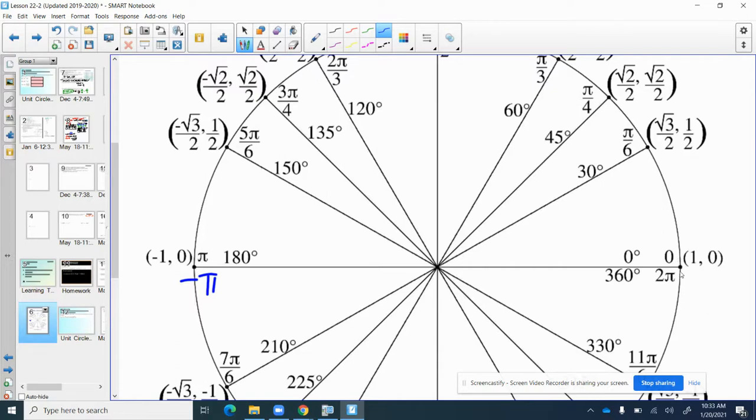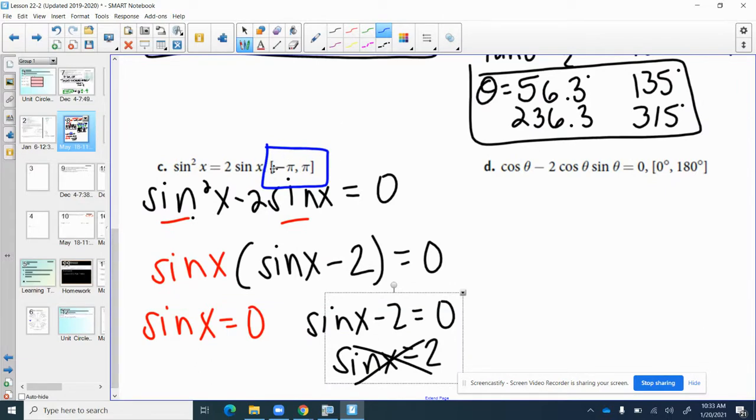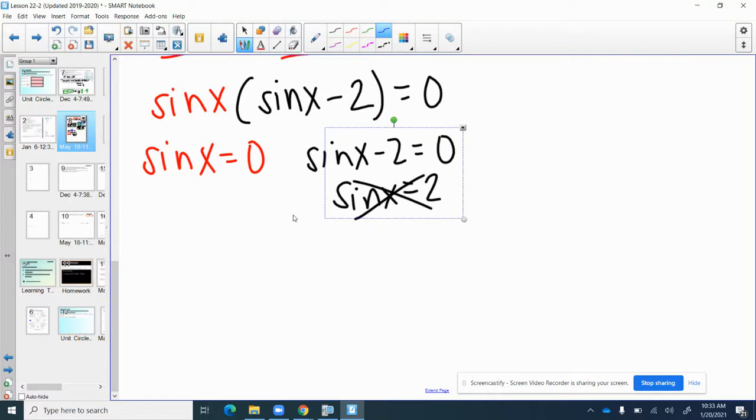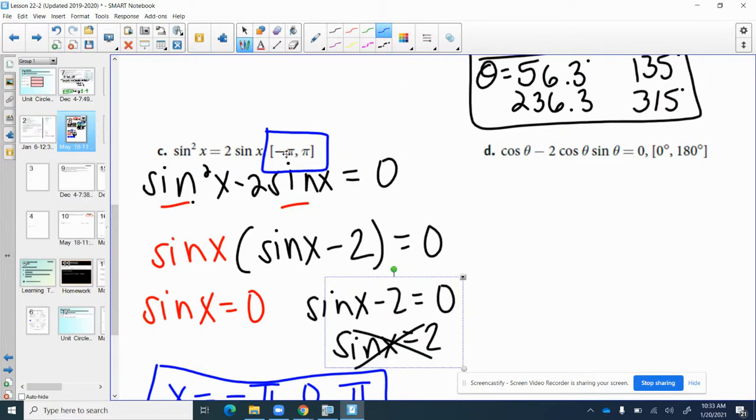We're going to include 0, and then we're going to include pi, because again, notice the restrictions here are brackets. We're including on this interval all of those answers. Okay. So again, negative pi, 0, and pi all get included because of how they are restricting us to give our answers. It's not just 0 to 360 here, right? Or 0 to pi for that matter.